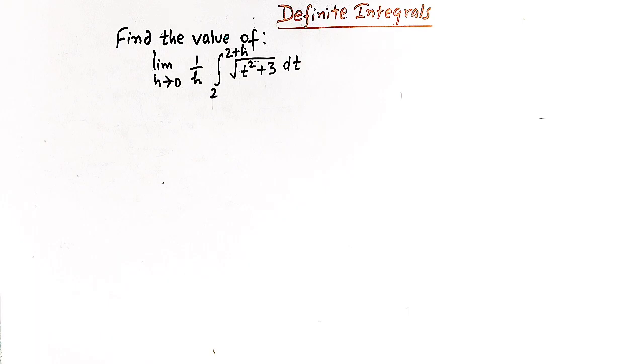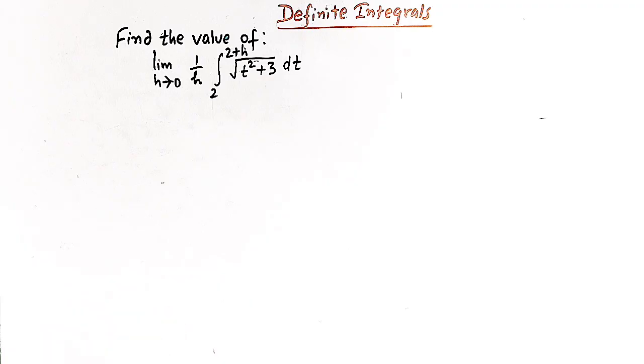Here we'll see how, by the application of the fundamental theorem of integral calculus, we can easily find the value of this expression. Let us first quickly see the statement of the fundamental theorem of integral calculus, which gives the derivative of the area function.